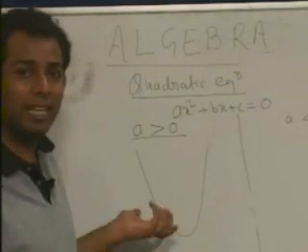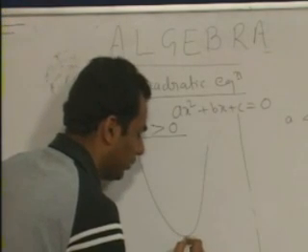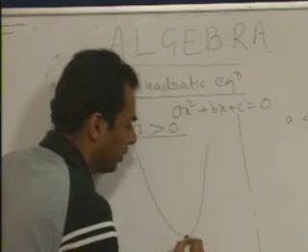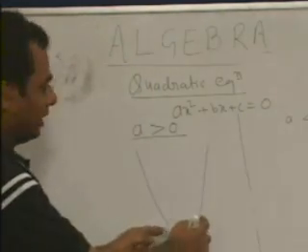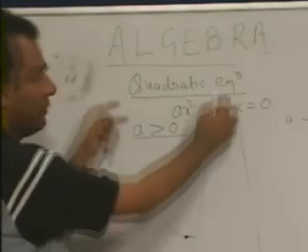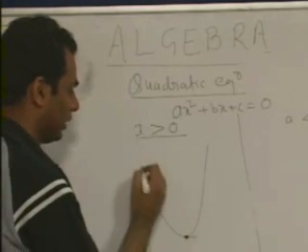And if the graph is like this one, then we are getting the minimum value of the equation, and the minimum value is this particular point. As far as the maximum is concerned, it can be anything, that is infinity, because my graph is going this way. But the minimum value is nothing but this one.